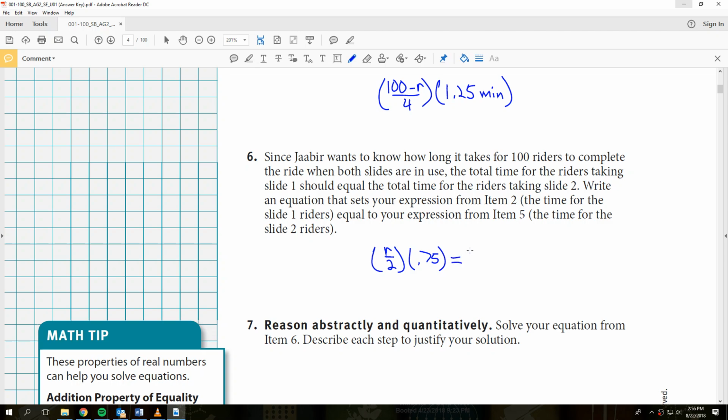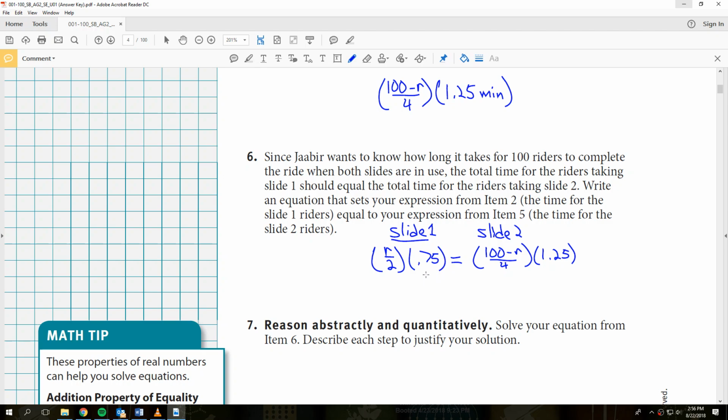And we're going to set that equal to the time for slide 2. So this one here is slide 1, and this one over here is slide 2. And slide 2 was (100 minus R) divided by 4. That's how many tubes they need. And it was 1.25 minutes, for every single time that they go down.